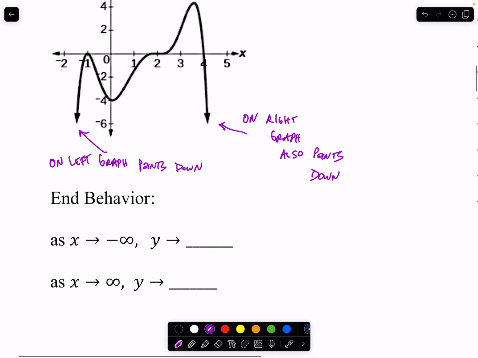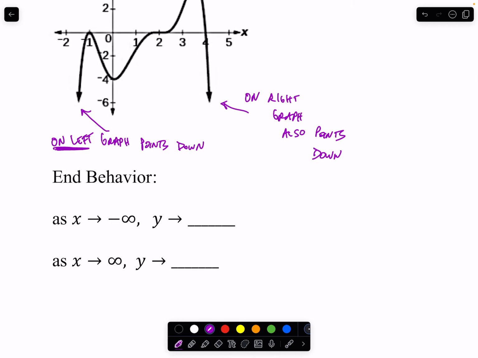So first I want to say on the left. How do you say on the left? Well, you got to use x because x goes left and right. So if you want to go left, you got to go negative on the x-axis. So as x goes to negative infinity, that means on the left side, the graph goes, we said down. So y would go to negative, right? Because down is negative.